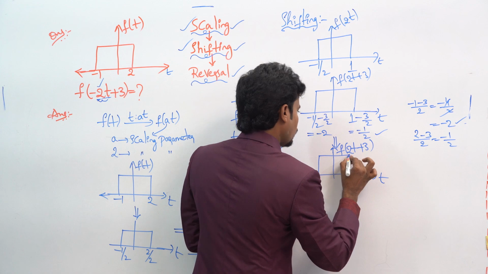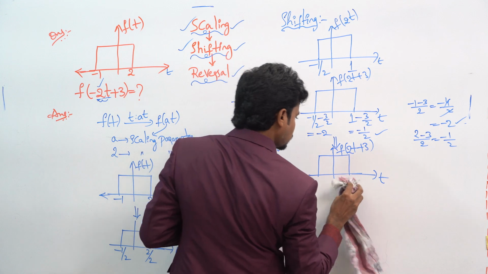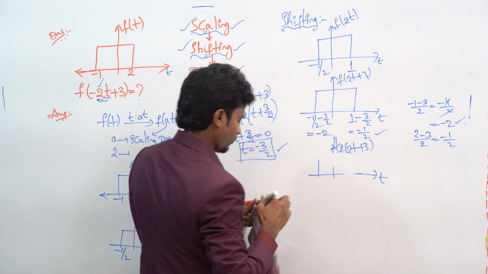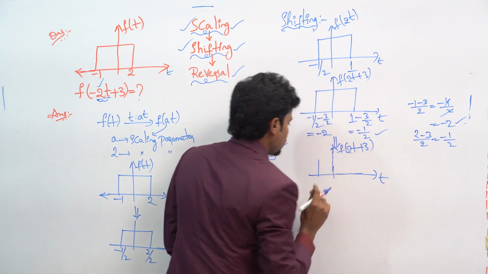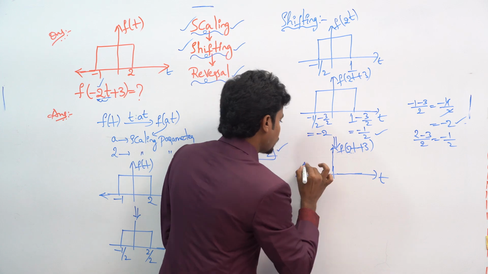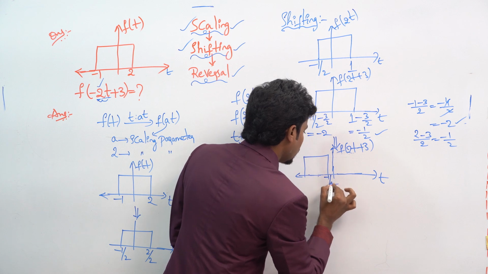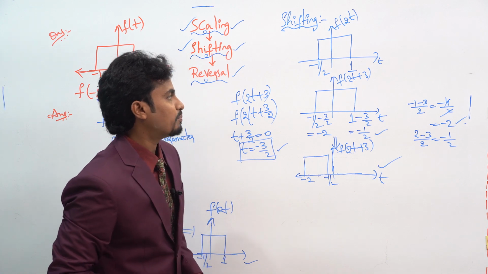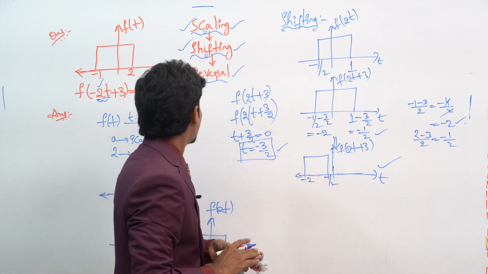We get minus 1 divided by 2, and here this is minus 2. Now we have completed our shifting also. Next, what we have to do is the reversal.